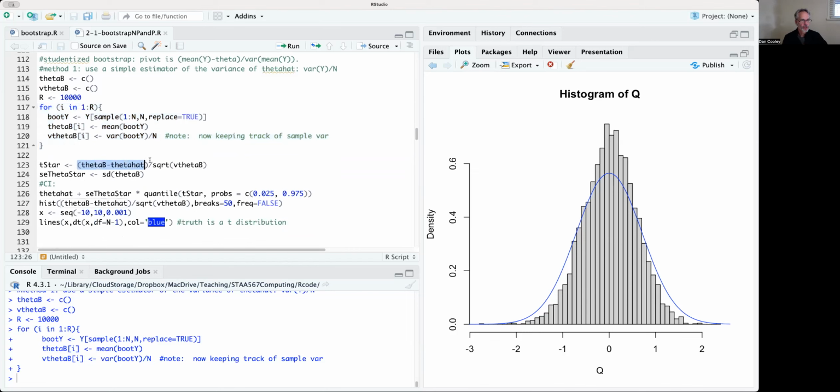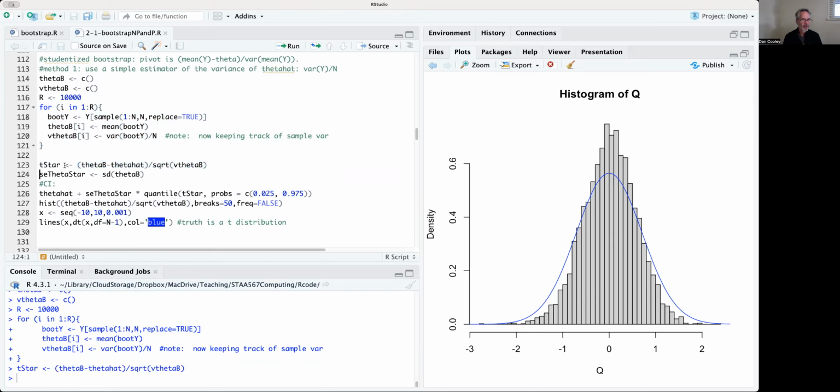Here, this corresponds with that fraction we saw in the notes. We take our bootstrap sample mean, subtract off the mean from our original estimate, and divide by the standard error associated with our estimate, which is the square root of the variance.